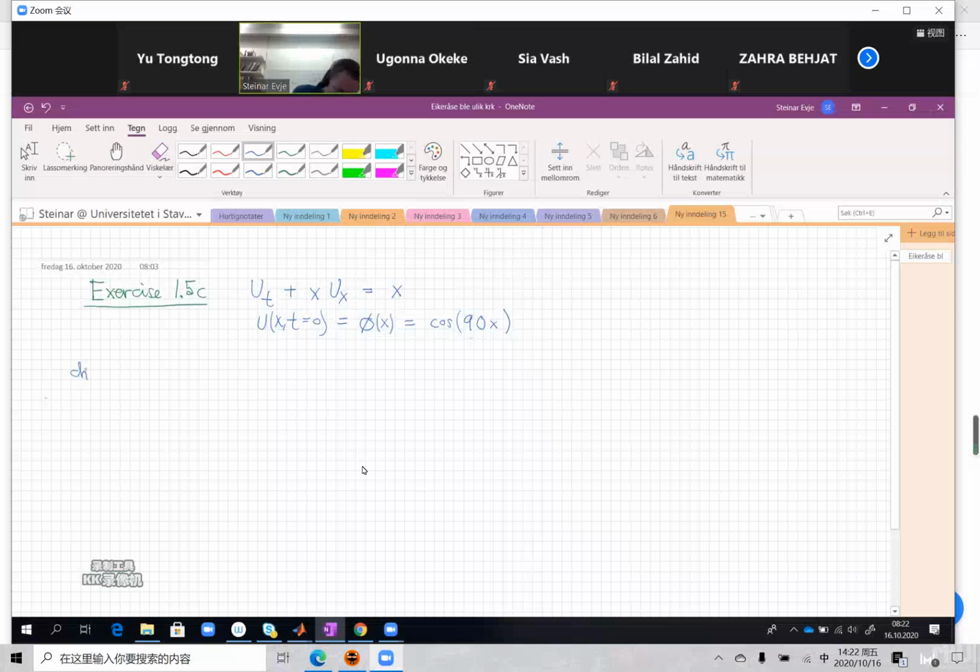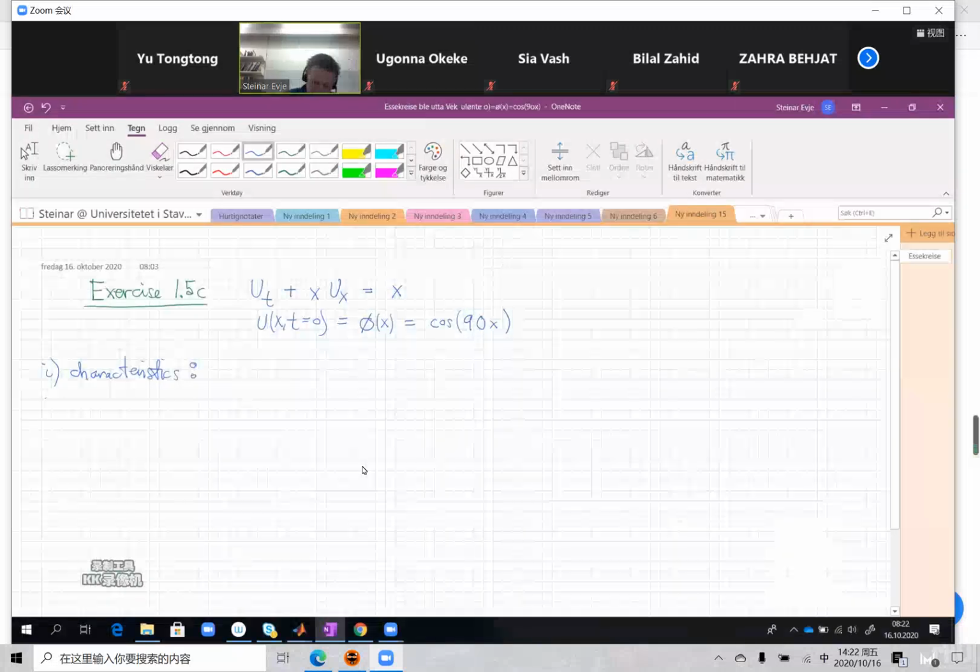So we know that computing the solution involves two steps. First, to compute the characteristics, we just need to identify the equation for the characteristics, x(t).